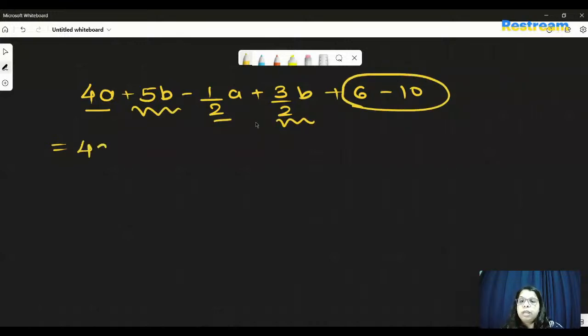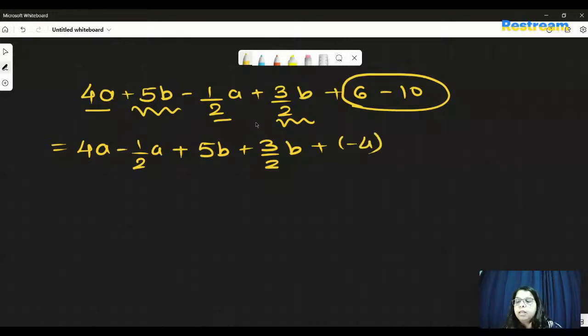So I have 4a minus 1/2a plus 5b plus 3/2b plus 6 minus 10, which is minus 4. So 4a minus half a is 7/2a, plus 13/2b, plus, or this one is minus 4.